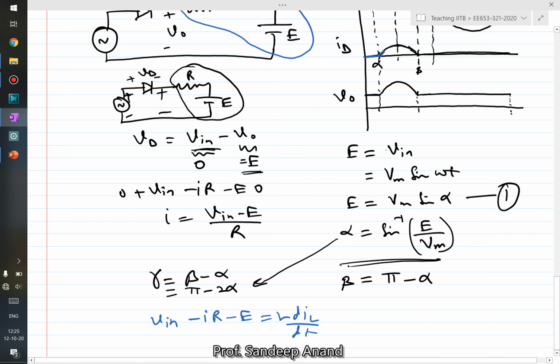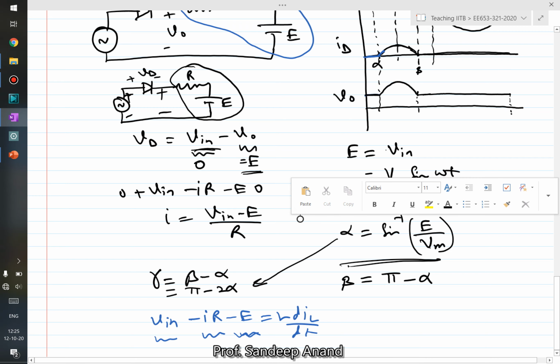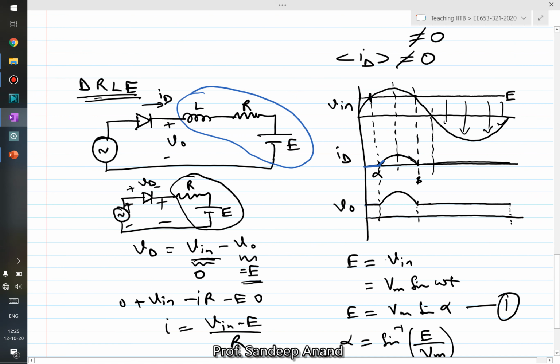Initially I is 0, so the current starts increasing because of the difference between Vin and E. Now if I had only a resistance, the peak would have happened at pi by 2. If I have a pure inductor, the peak would happen at beta.